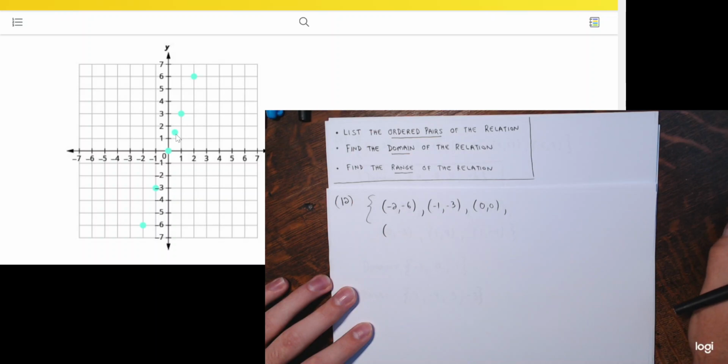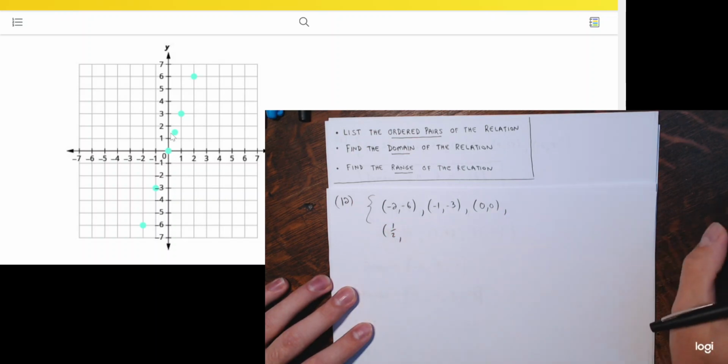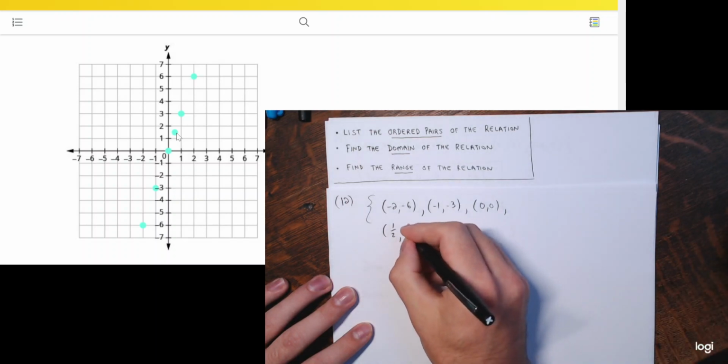This point here, now notice how it's like between stuff. So I'm just going to say that this point is halfway between 0 and 1 on the x and halfway between 1 and 2 on the y, just to make it easy for me. So 1/2 for the x, and then 1.5 for the y coordinate. So that's 3/2. Right? I don't like writing mixed numbers.